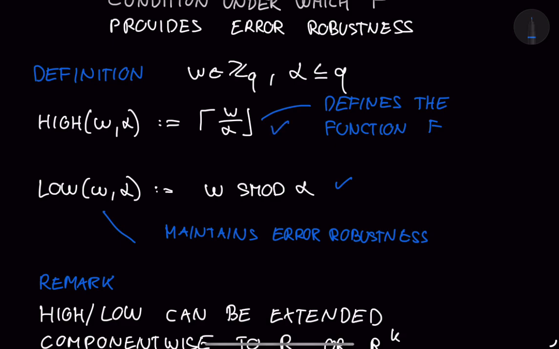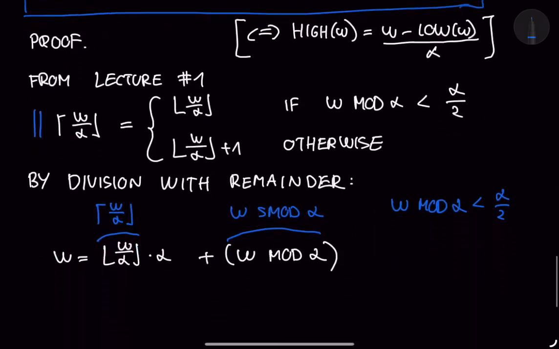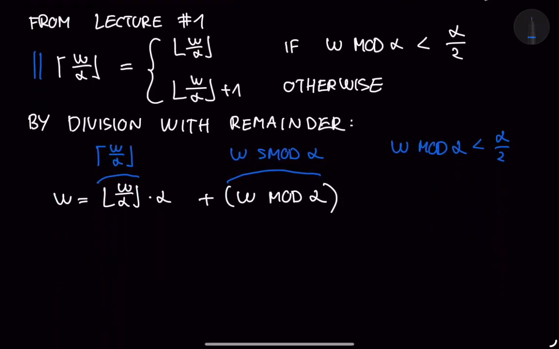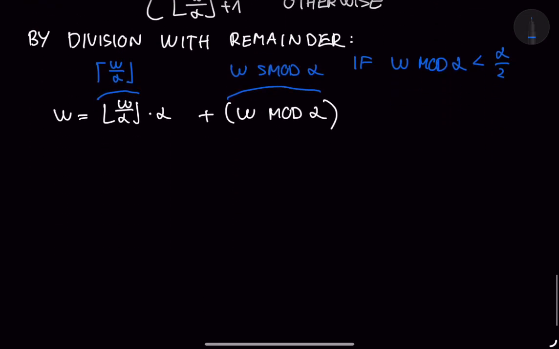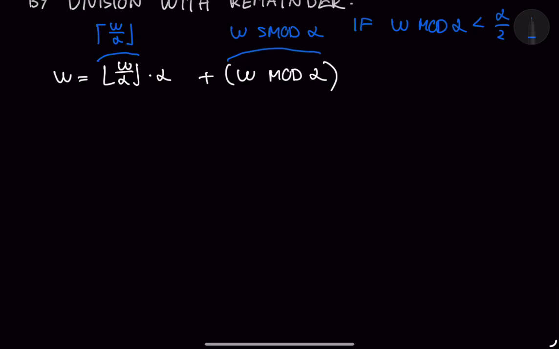So this is done. In the case that w modulo alpha is smaller than alpha half, it's valid. So this equation, that the High part times alpha plus the Low part, is exactly the original value w.